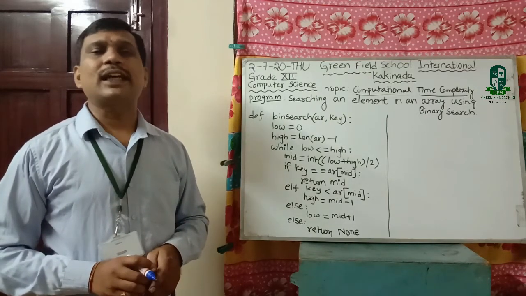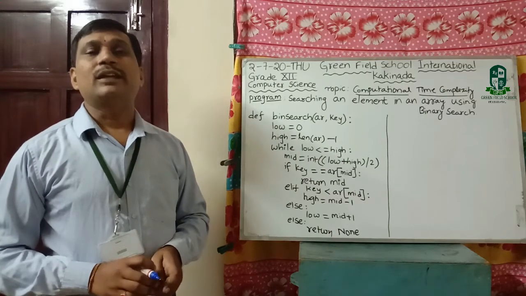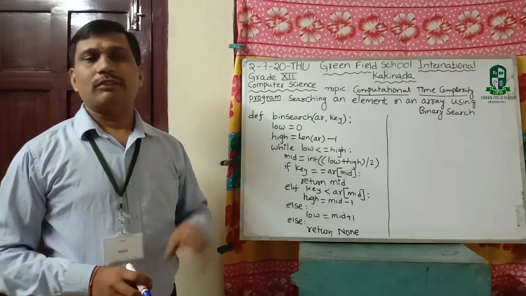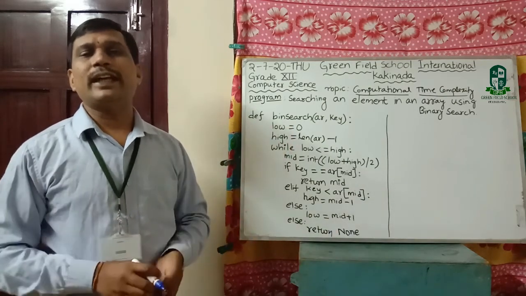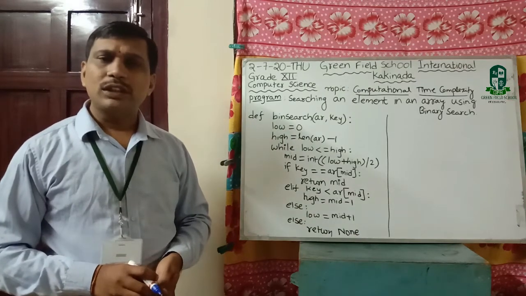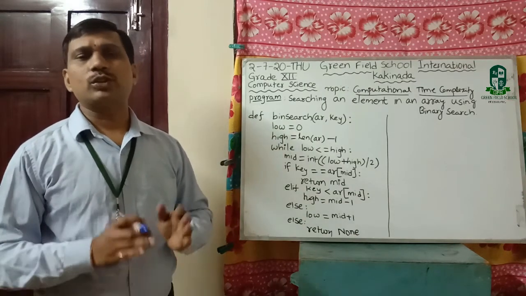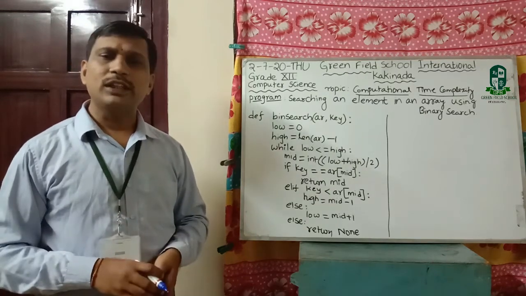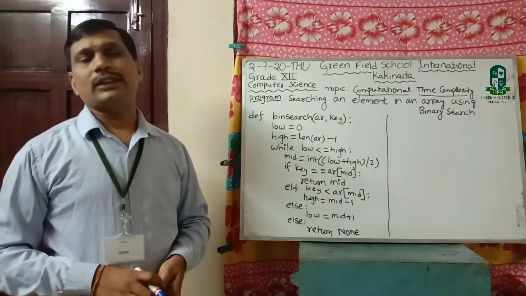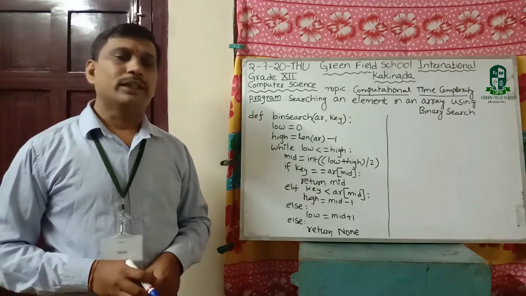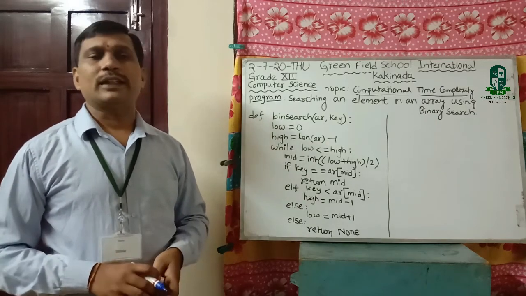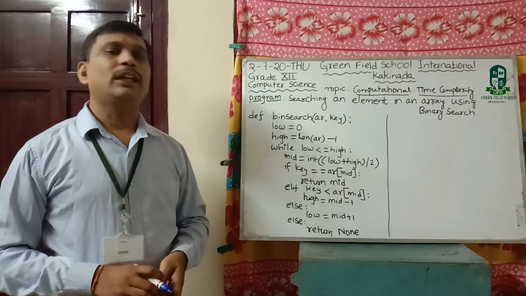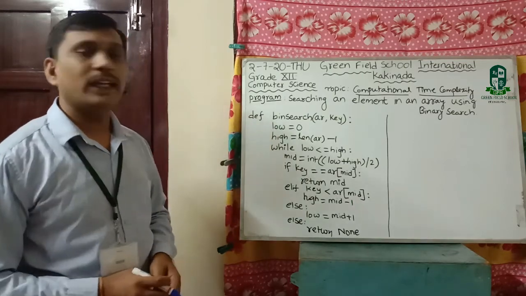Here K is the middle element. Why? Because we divide the entire big problem into smaller subproblems, two subproblems. So the entire searching can be divided into two subproblems. We compare the middle element with the key element. If the key element is greater than the middle element, then we search the upper part.